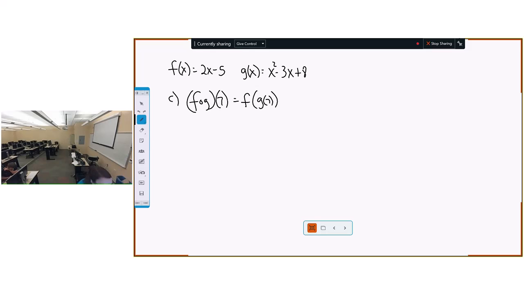Okay? So first, find g of 7. The output of g of 7 will become the input to the function f. Okay? So we know g of x is x squared minus 3x plus 8.